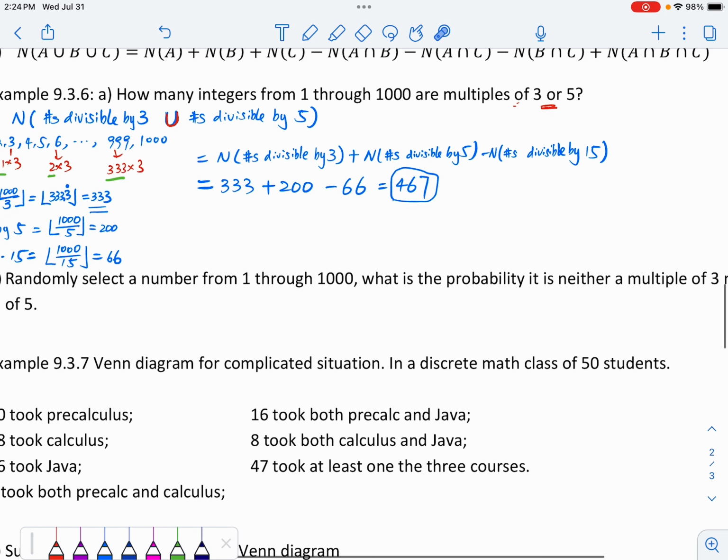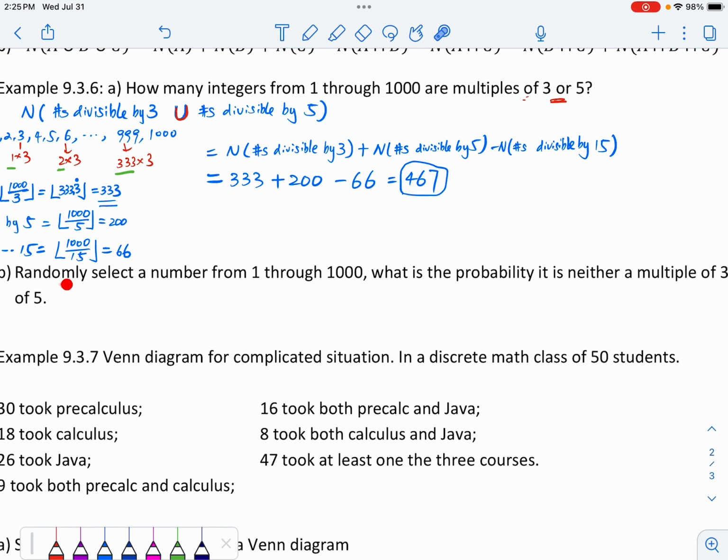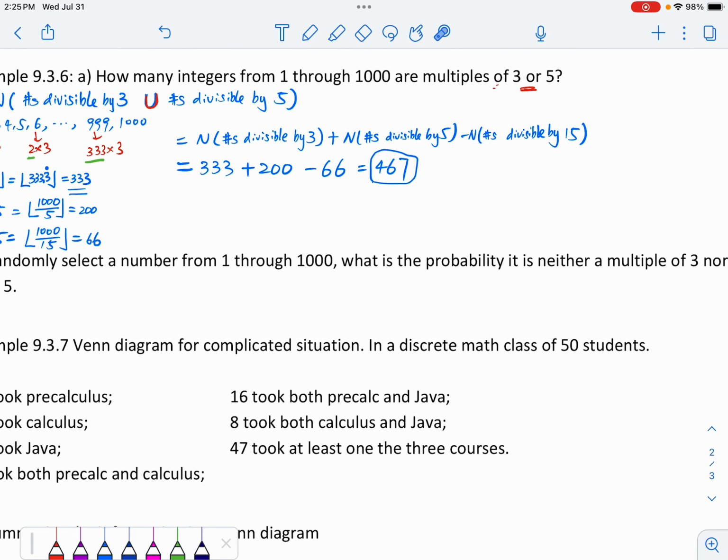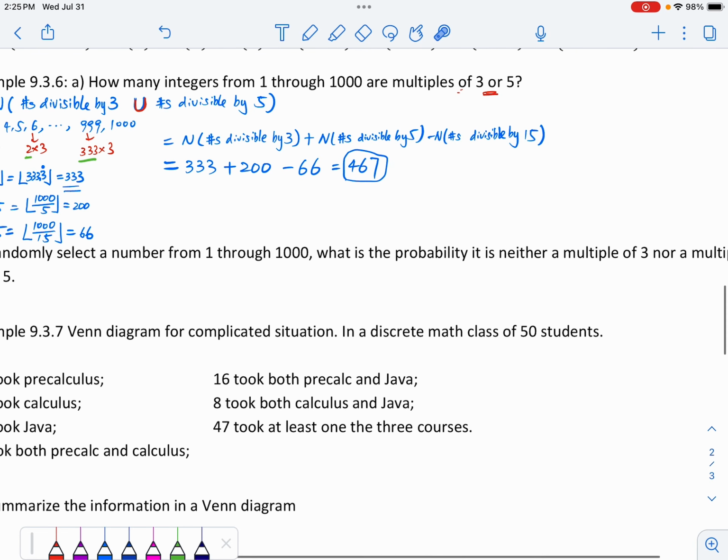Now let's talk about probability. Randomly select a number from 1 through 1,000. What is the probability that it is neither a multiple of 3 nor a multiple of 5? Neither nor, right?